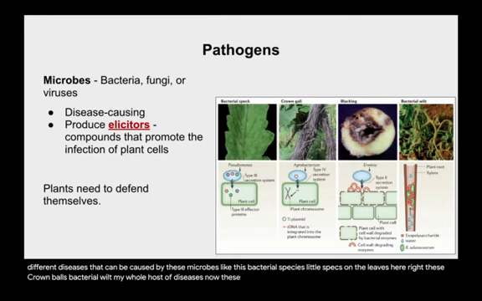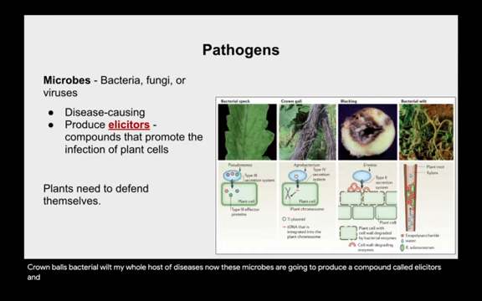Now these microbes are going to produce compounds called elicitors, right? And these elicitors are compounds that promote the infection of the plant, right? So they're compounds used by these microbes to promote disease infection of the plant.